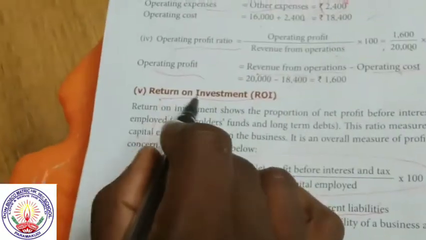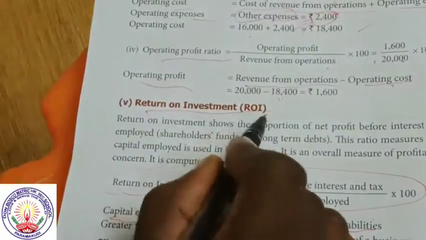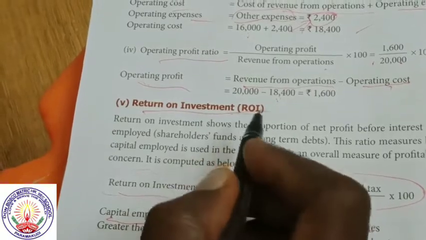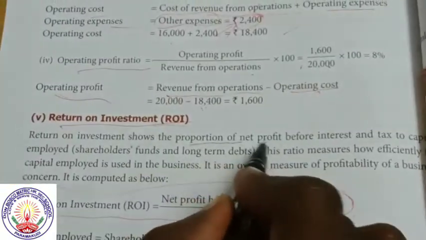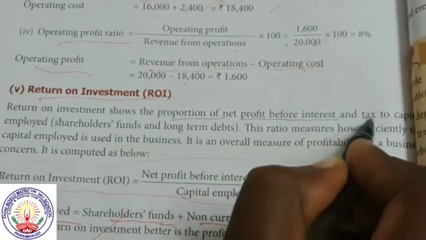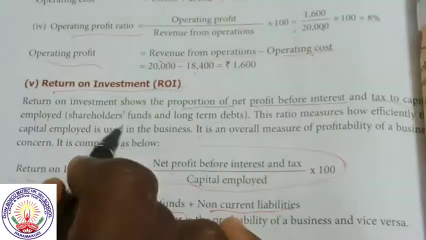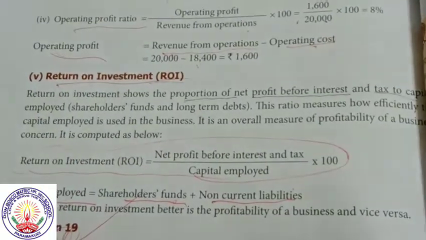Page number 316, last heading, fifth: return on investment, shortly written ROI. Return on investment is the proportion, a certain percentage, of the net profit before interest and tax to the shareholders' funds plus long-term debt. What is the formula?